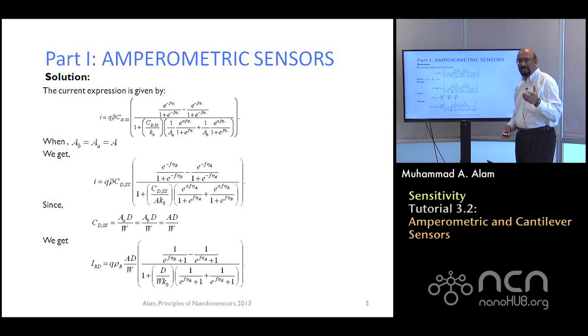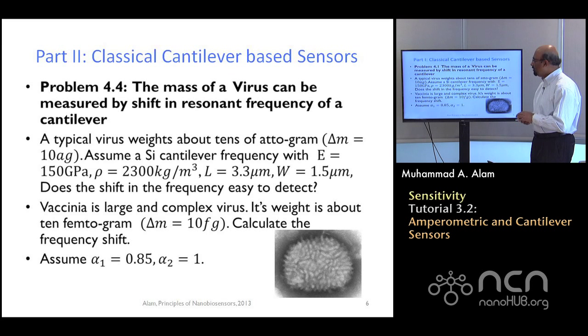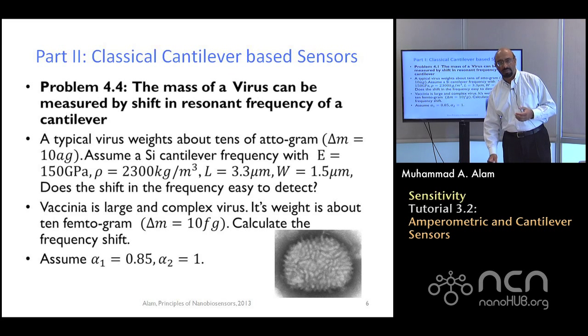Of course, you saw many examples that we did in the lecture itself where this equivalence was shown to be correct. Okay, so on amperometric sensors, there are one or two other examples that you should be checking out. One example for the cantilever sensors was whether you can weigh a virus.